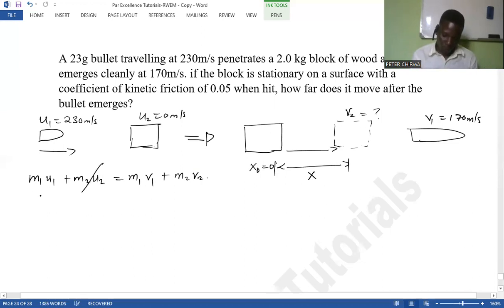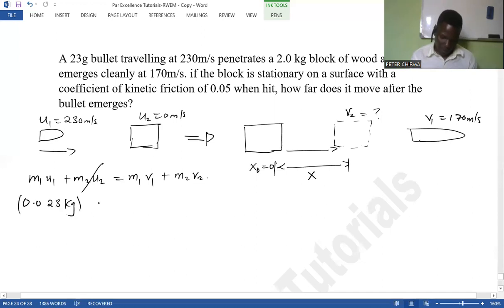So we have a bullet that is 23 grams, so we convert it to kilograms, which is 0.023 kilograms.